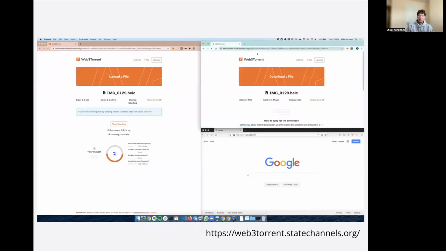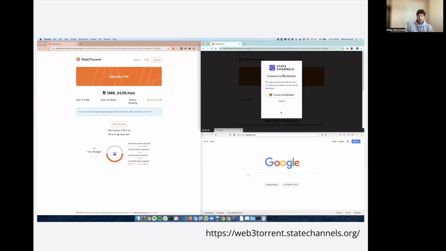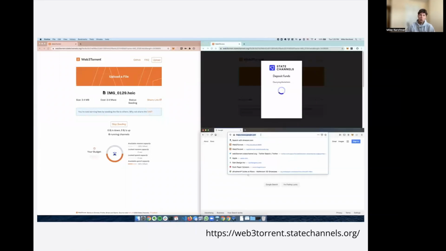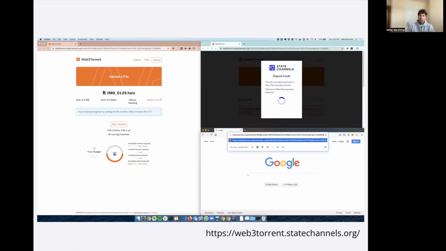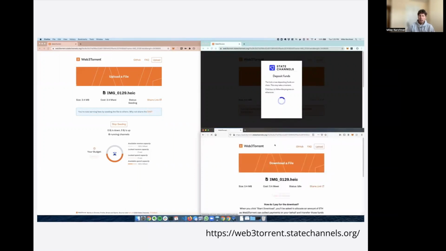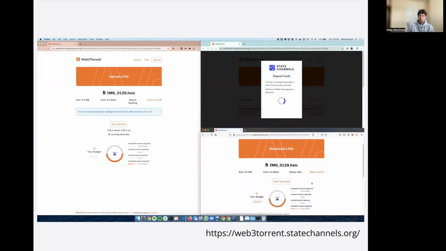And so we'll be able to see sort of an example of really like a high throughput use case. So what we see right now is the node on the left has uploaded the file. It has connected to the payment network. It is ready to share that file.